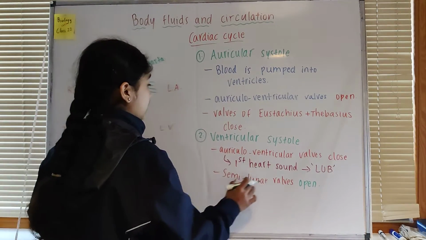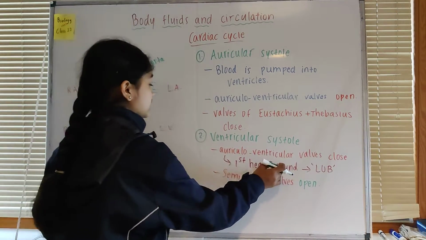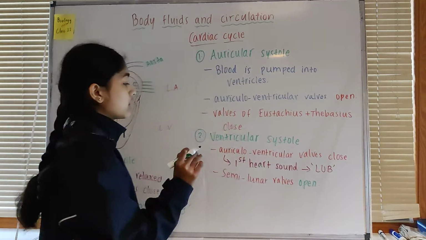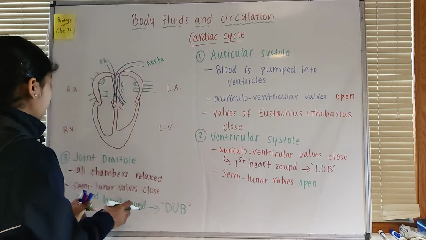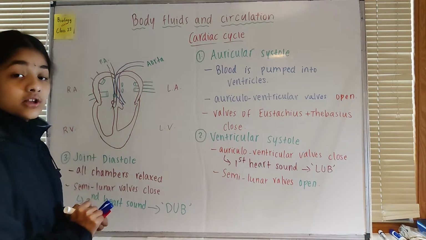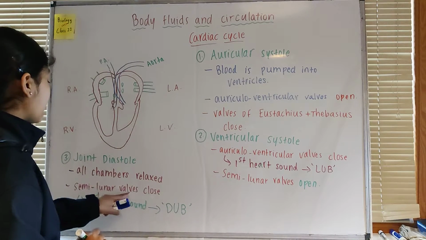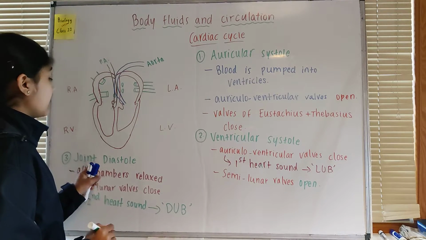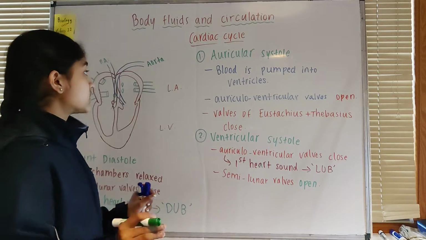So lub dub. Lub is the first heart sound, and that is produced by the closure of auriculoventricular valves, and dub, the second heart sound, is generated when semilunar valves close in the step of joint diastole. So here all the chambers are relaxed.